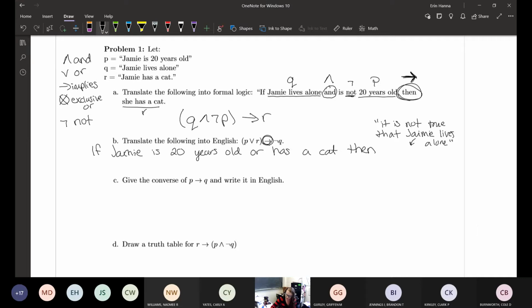But I'm going to go ahead and put it in a bit more modern English and say something like, then she doesn't live alone. And that would be that sentence in at least decently modern English. If Jamie is 20 years old or has a cat, then she doesn't live alone.